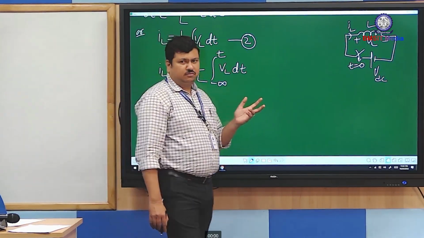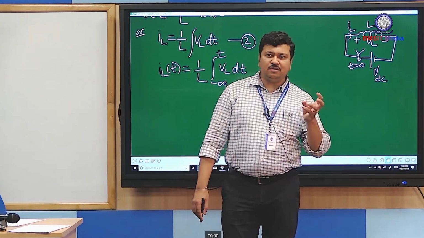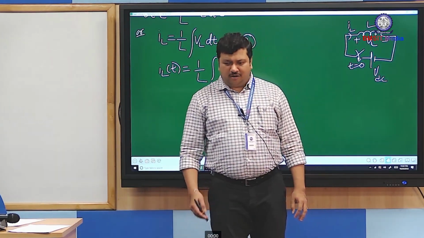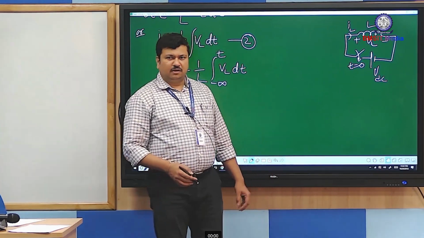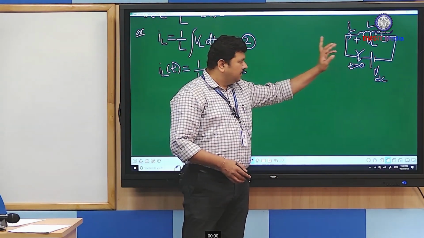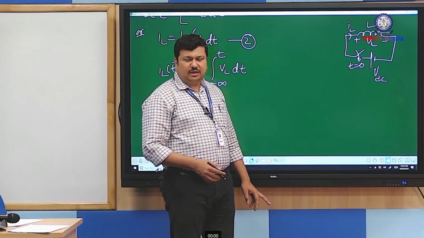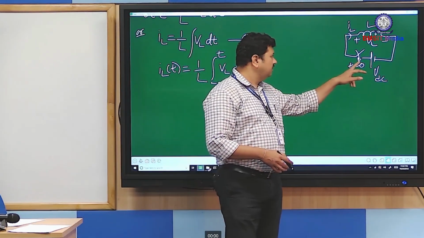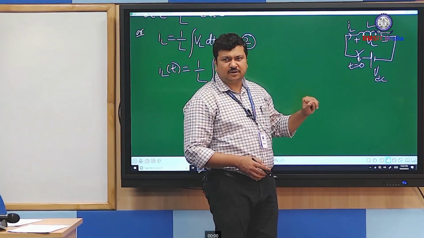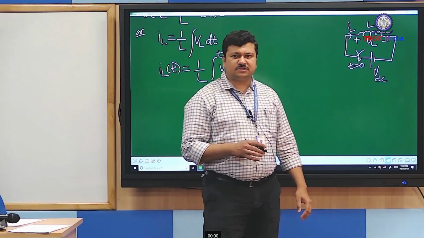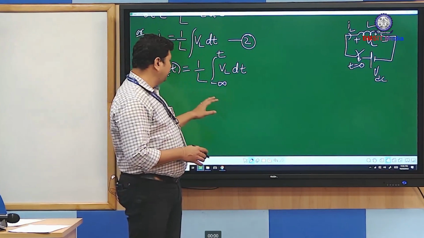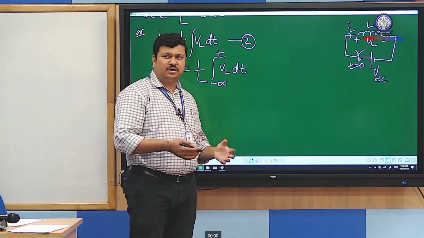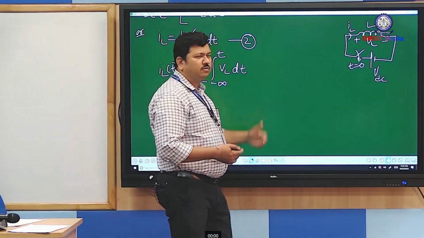Because I don't know since when the initial conditions, or the previous state conditions, have been prevailing in the system, before the switching action has taken place. So I will consider some time minus infinity. Minus infinity doesn't mean a real value of infinity, just some time before t equal to 0.